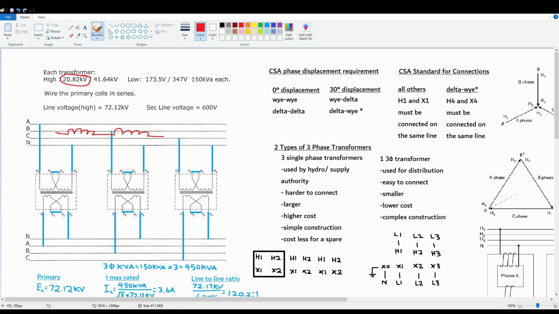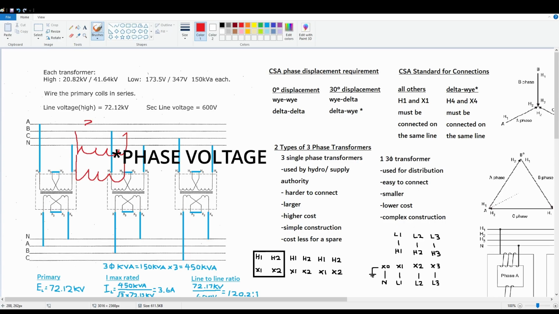So that means our total phase voltage is going to be 40 kilovolts, right? And if we do it in parallel, like this, our line voltage will be the same as our winding's rated voltage, because that's just how it works in parallel. The voltage will be the same in parallel.